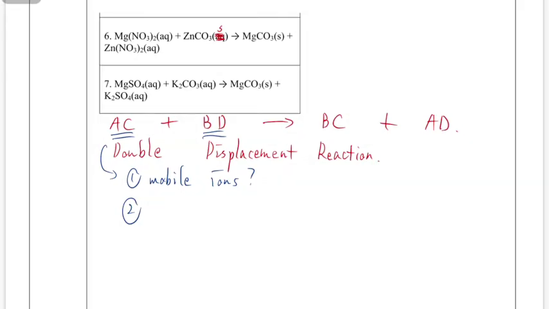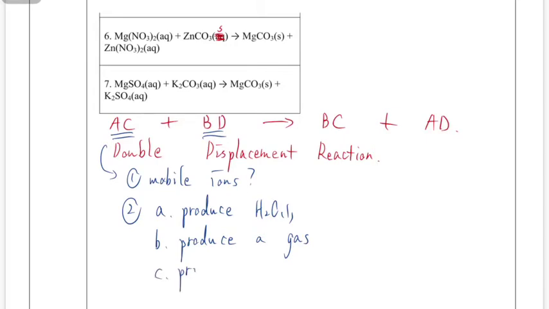Double displacement reaction would happen when the product contains one of the three products. Okay, so it can either produce water, okay, or it produces a gas, or it produces some insoluble thing, produces precipitate, a solid.